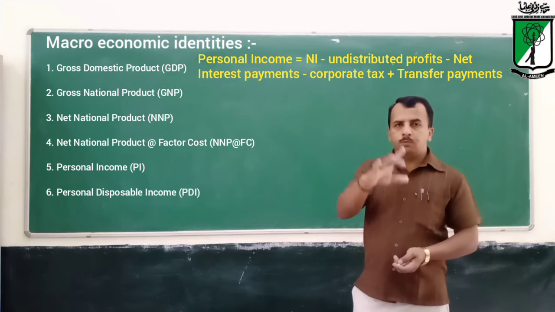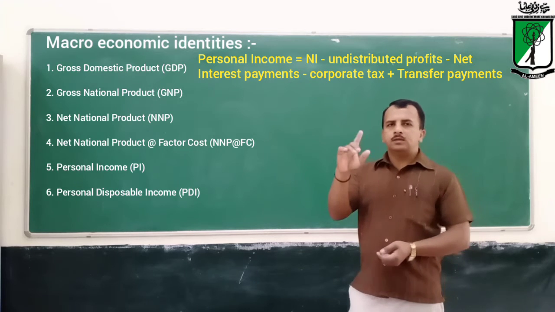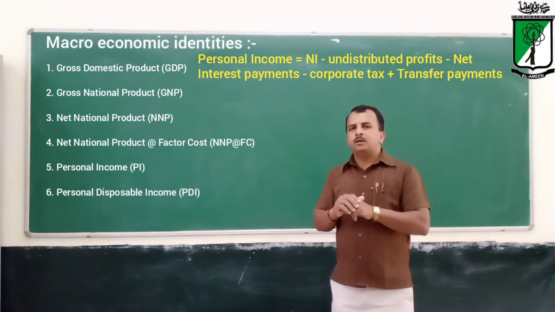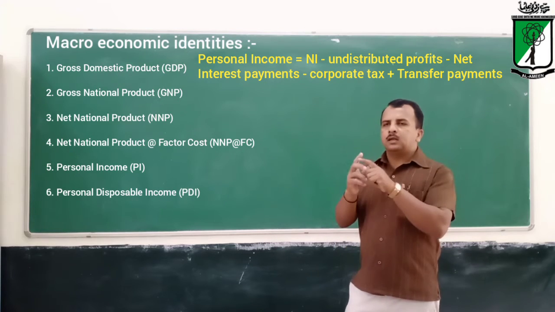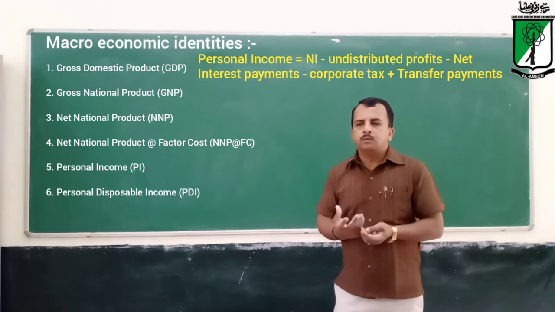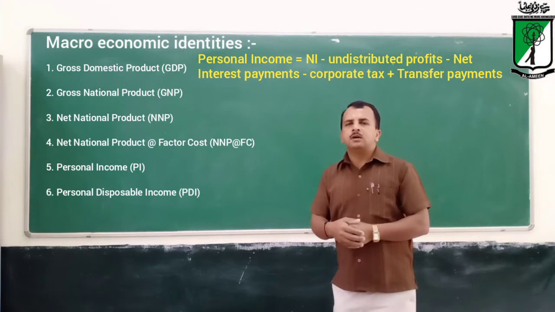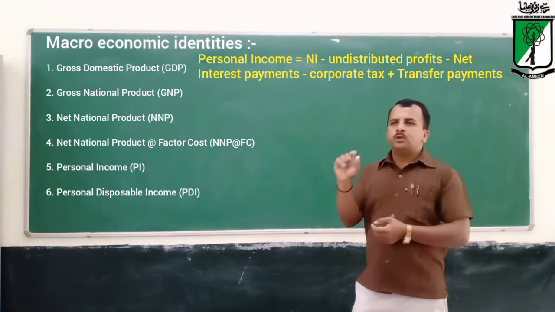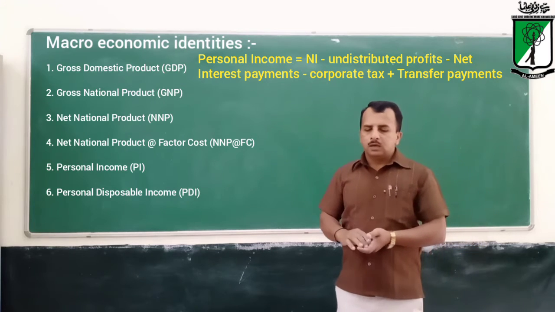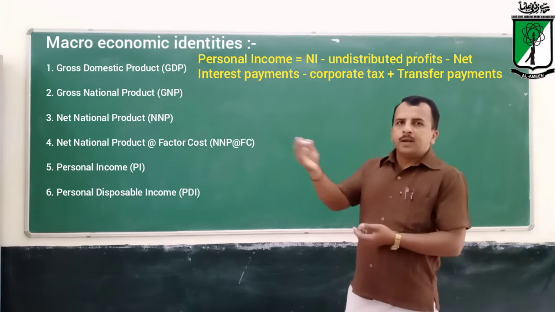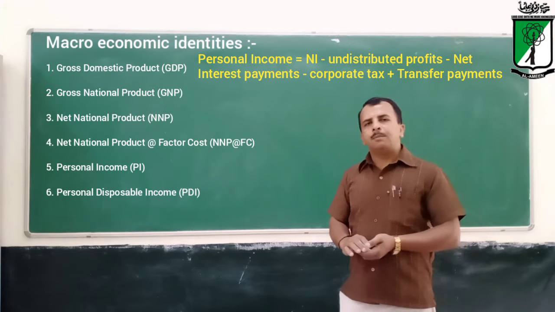I hope you are clear. I gave the example of a firm. If a firm wants to derive its personal income, or if you want to as a household, then from your overall income you need to minus undistributed profit, and also minus the net interest to be paid on capital.